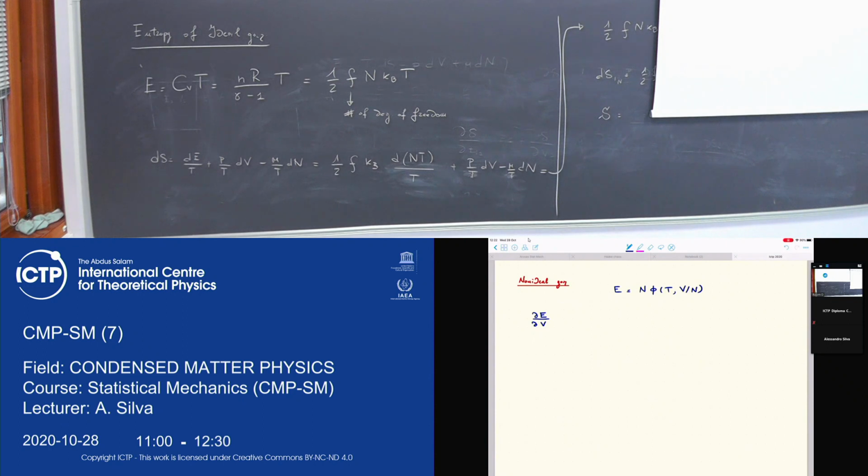But for a general system, in which the energy depends also on the density, it is going to depend on the volume, of course. So if I compute this derivative, then this is equal to minus P, minus pressure, well, it's minus P plus something else.